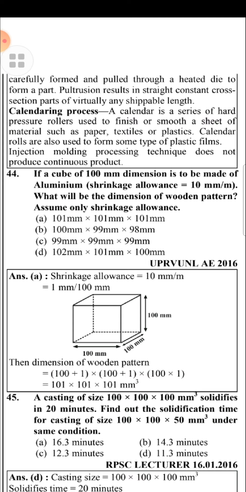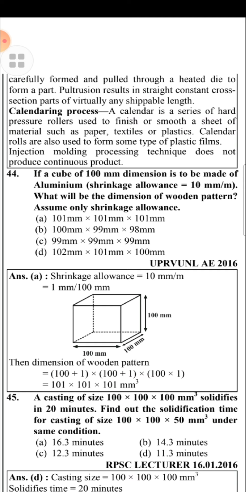Pultrusion results in a straight, constant cross-section part of virtually any shippable length. Calendering process: a calender is a series of hard pressure rollers used to finish or smooth a sheet of material such as paper, textile, or plastic. Calender rolls are also used to form some types of plastic films. Injection molding process technique does not produce a continuous product.